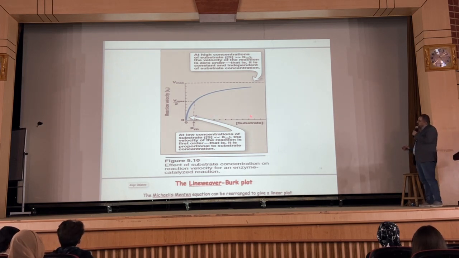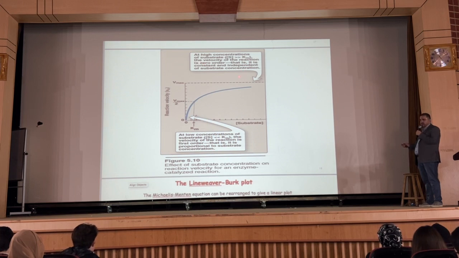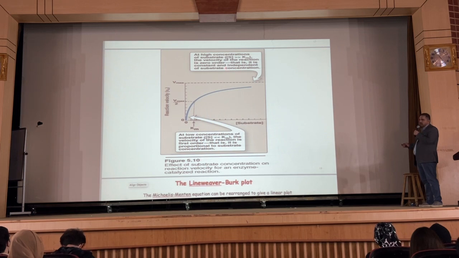This figure shows you what is half of Vmax, this is the Vmax. Half of Vmax is the Km. At high concentration of the substrate, more than the Km value, the velocity of the reaction is zero order. That is, it is constant and independent of the substrate concentration.